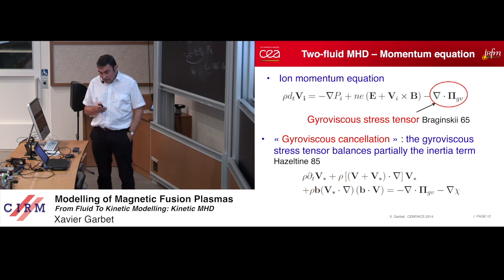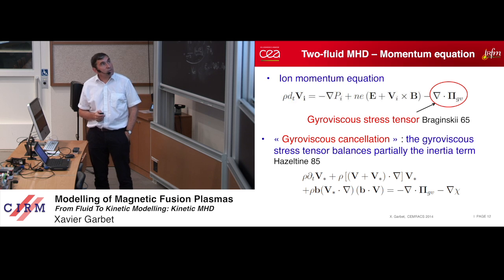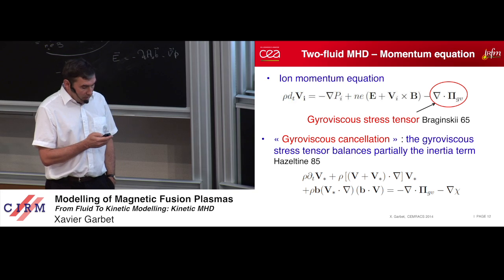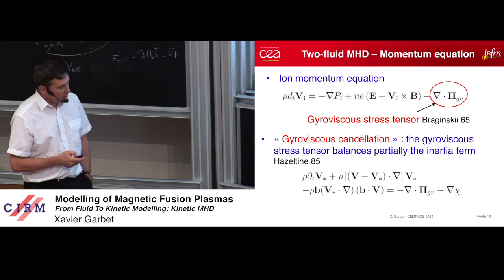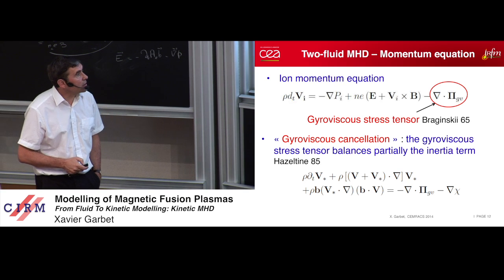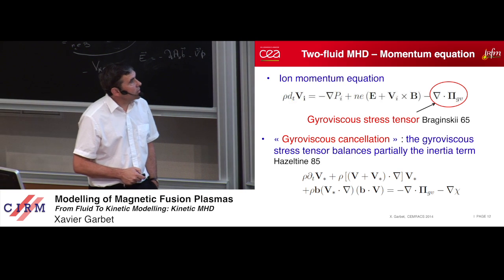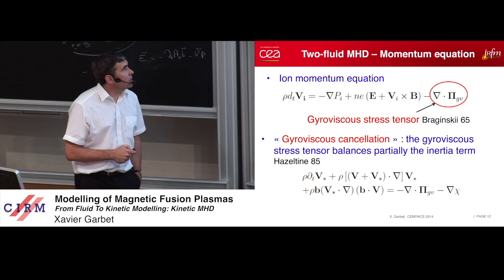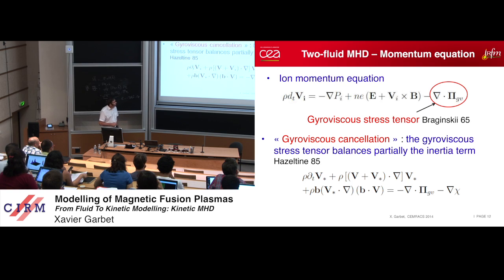Now, there, of course, you are in trouble. It was realized that, at least in the case of a slab geometry where the magnetic field is not curved, or uniform, there is an exact relationship which relates the divergence of this gyroviscous stress tensor to the diamagnetic flow and MHD flow.